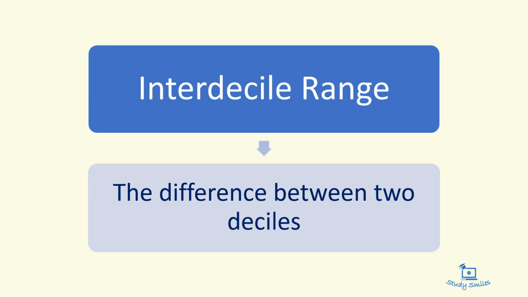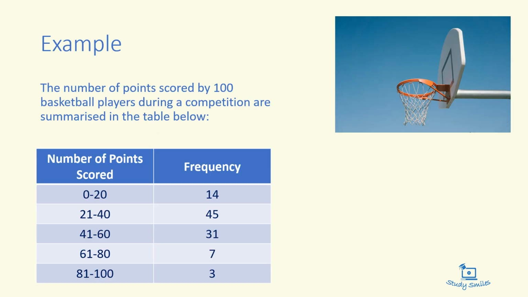Similar to the interpercentile range, the interdecile range is the difference between two deciles. The number of points scored by 100 basketball players during a competition are summarised in the table below. We then have a table with groups for number of points scored and their frequencies.